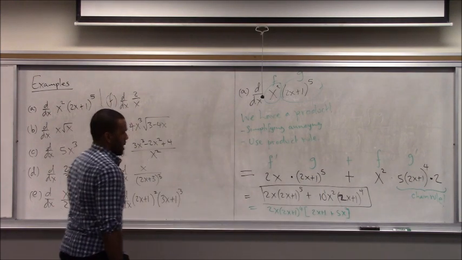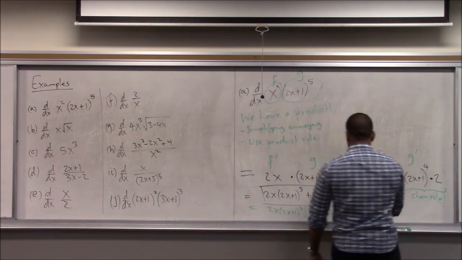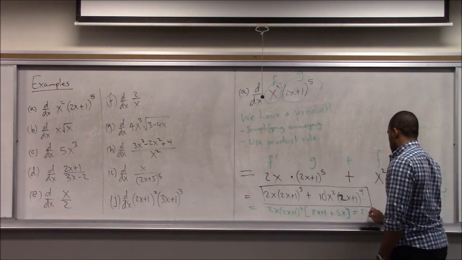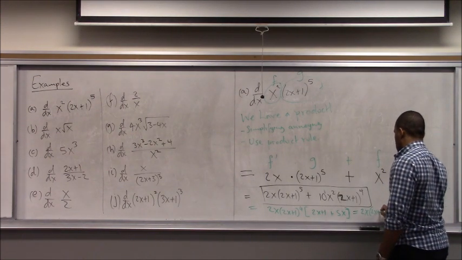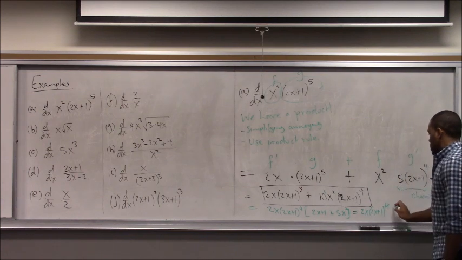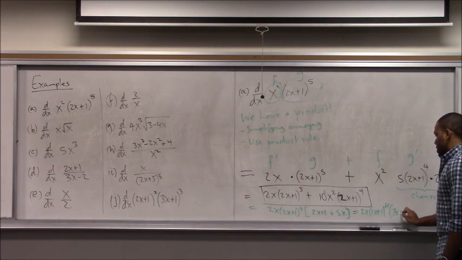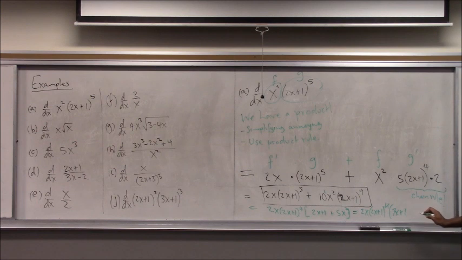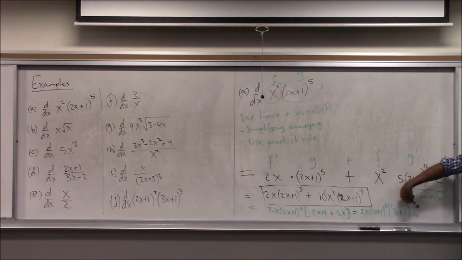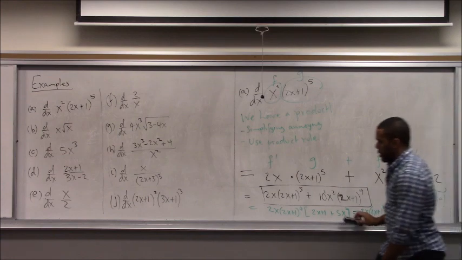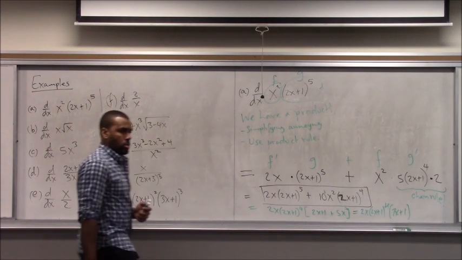You could have factored it like that, which would give us 2x times (2x plus 1) to the fourth times (7x plus 1). So there are times when you want to write the derivative in a factored form because you want to be able to set it equal to 0 and solve for x. But for us, this is fine. Any questions on this stuff?